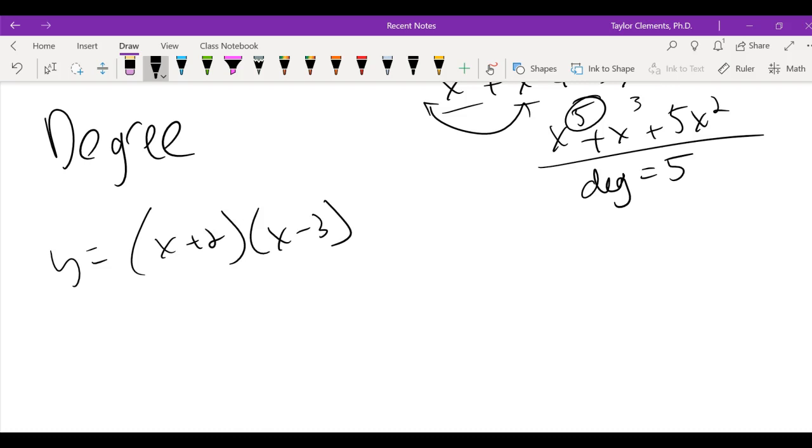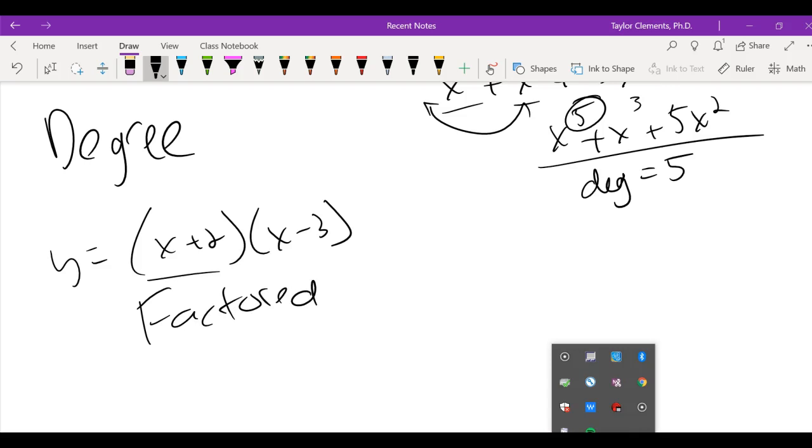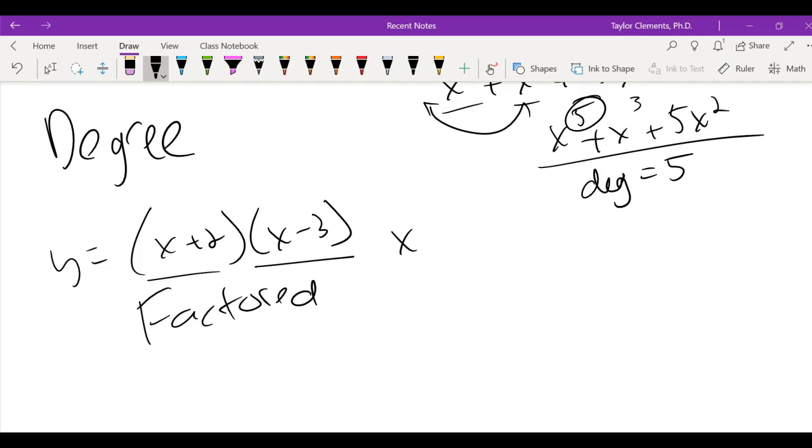You could look at this and say, oh, it's a degree 1 because there's a 1 right there and 1 right there. But this is in factored form. So you'd have to imagine if you were to FOIL all that out. If you were to get this in standard form, then you'd have x squared and then something like that. But you don't care about that. You just care about that 2 right there.